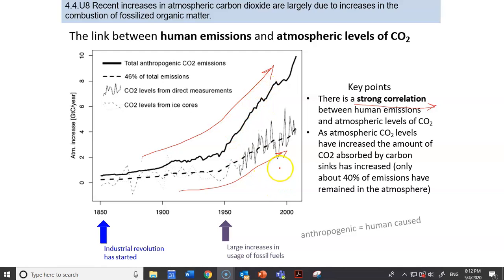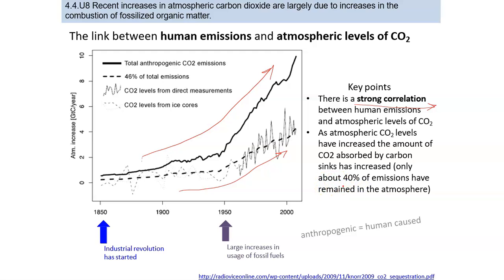At the same time, the carbon dioxide absorbed in the sinks, like the trapping inside the ice and in our sinks, will increase as well. So only about 40% of emissions have remained in the atmosphere, and the rest will be stored in the sinks.